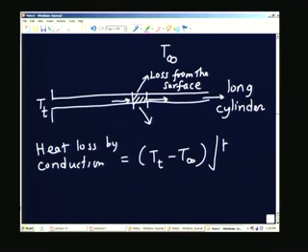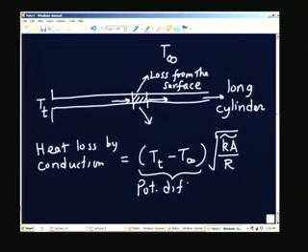the product of the thermal conductivity and area for the thermocouple wire, the two wires together, divided by the resistance, which was again obtained earlier. So, heat loss by conduction is equal to, this is like the potential difference, this is like the conductance.